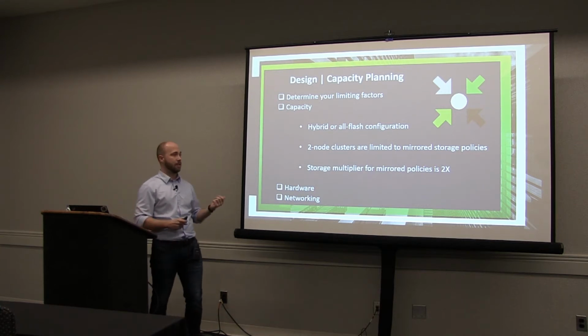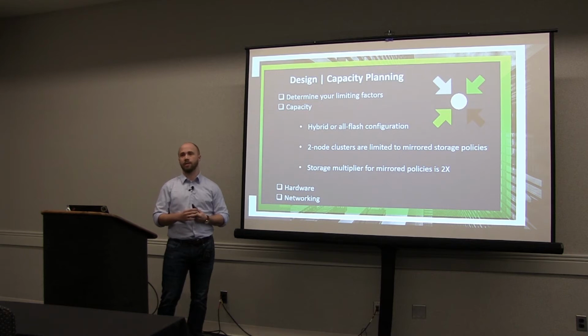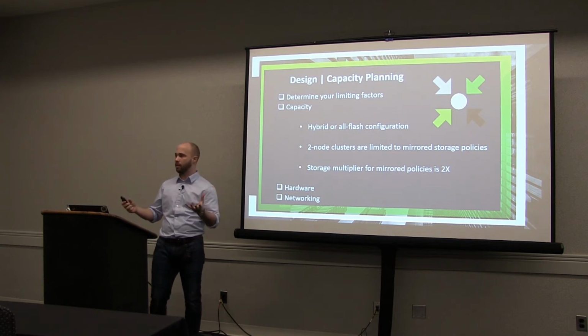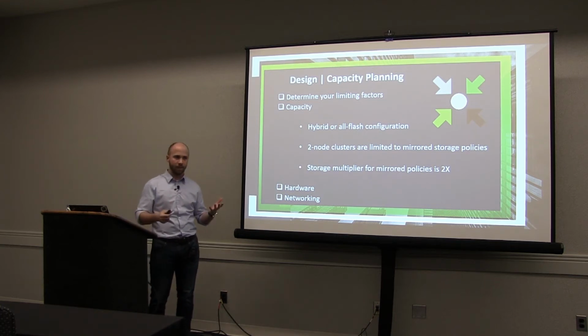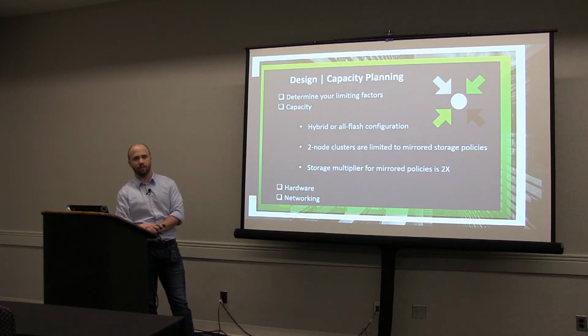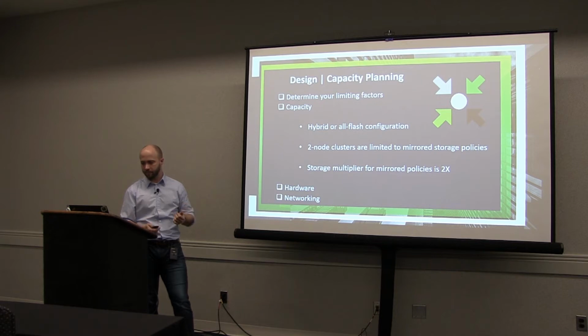What that means is your storage multiplier is 2x. So a 100 gig VM actually is consuming 200 gigs on the storage side. So if you're saying, well, maybe we're going to have 4 terabytes of data at this site, that's all the disks we need to buy. That's not true. You're actually going to consume twice as much as that for protection.